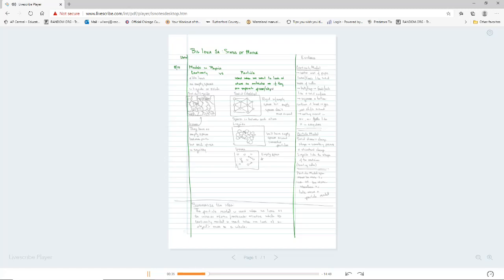So in real life, if I was to look at, for example, a solid, let's say we had a solid like your desktop, for example. What we might see if we zoom in, and zooming in would be using the particle model, we would see some sort of structure to this material. And because I don't want to get too outrageous and take too much time, I'm going to draw a pretty simple little structure so that I can see how these atoms and molecules are going to behave with one another.